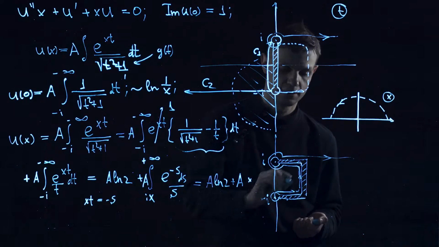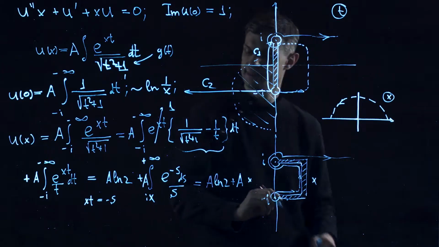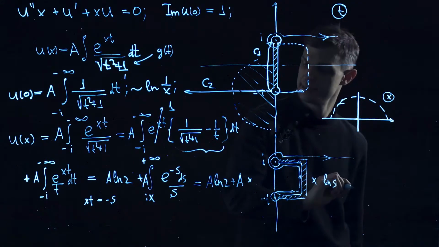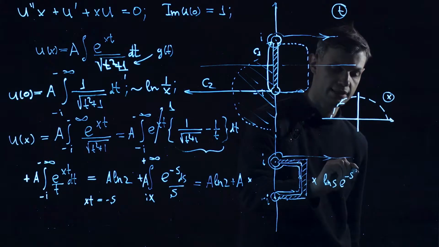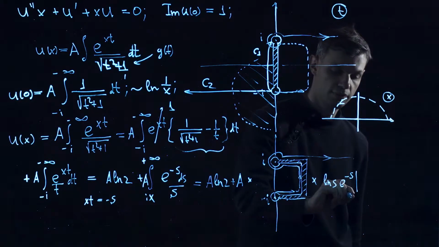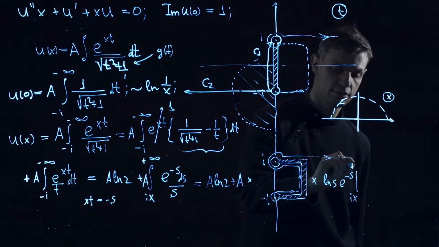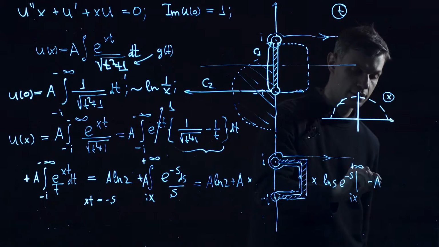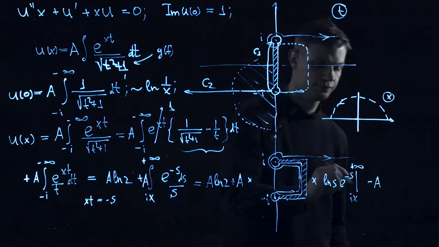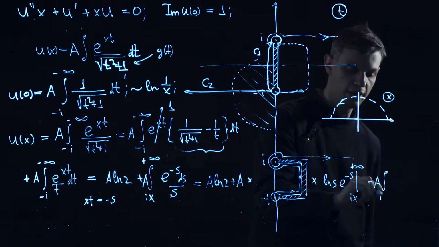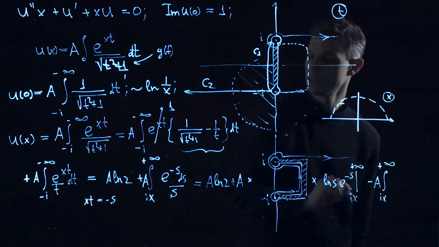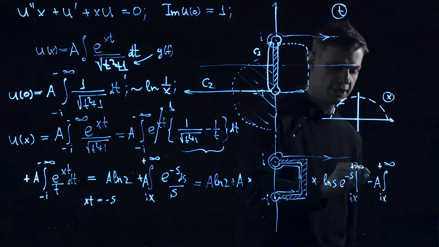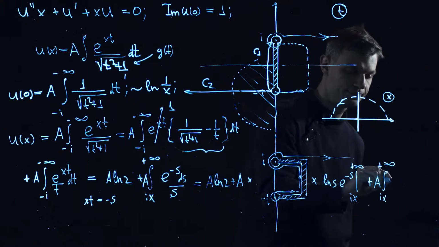So it's the logarithm of s times e to the minus s, from ix to plus infinity, minus the integral from ix to plus infinity, and you have to differentiate e to the minus s, which gives you the same e to the minus s, but the sign changes.